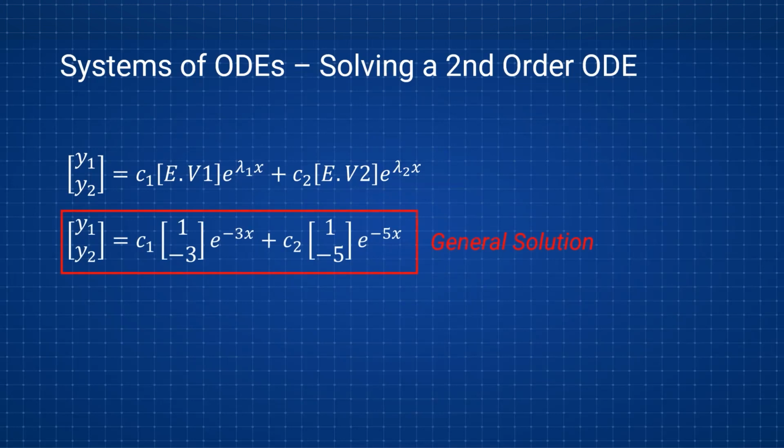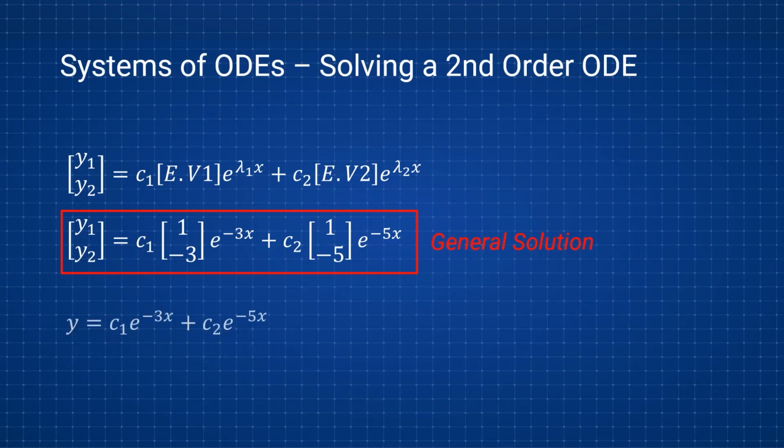You will notice that since what we did is break a second order ODE into two first orders, the solutions that we get, if you remember from the very beginning, y1 was equal to y, and y2 was equal to y prime. Therefore, the two solutions that we get are the general solution and the derivative of that general solution.